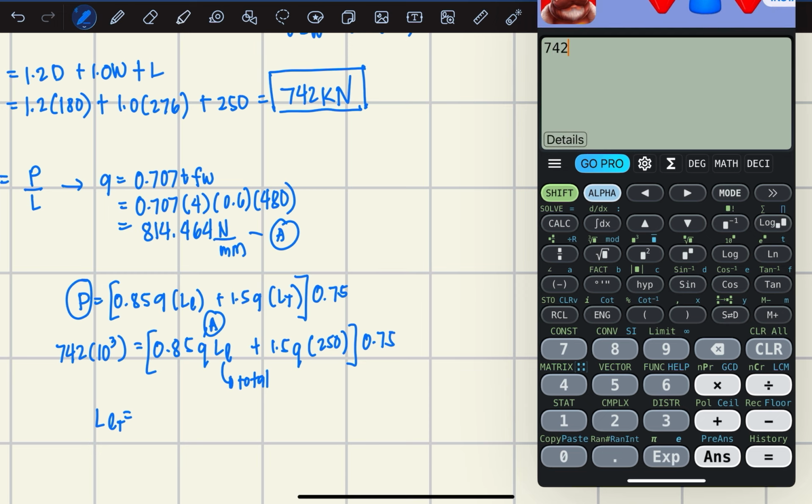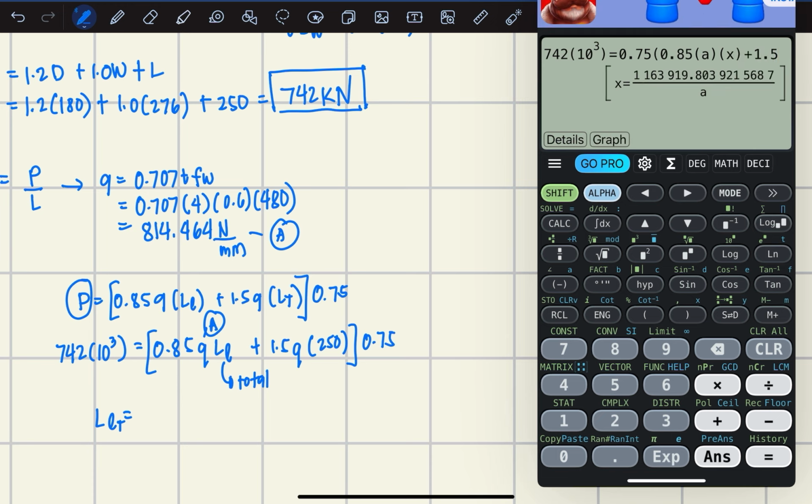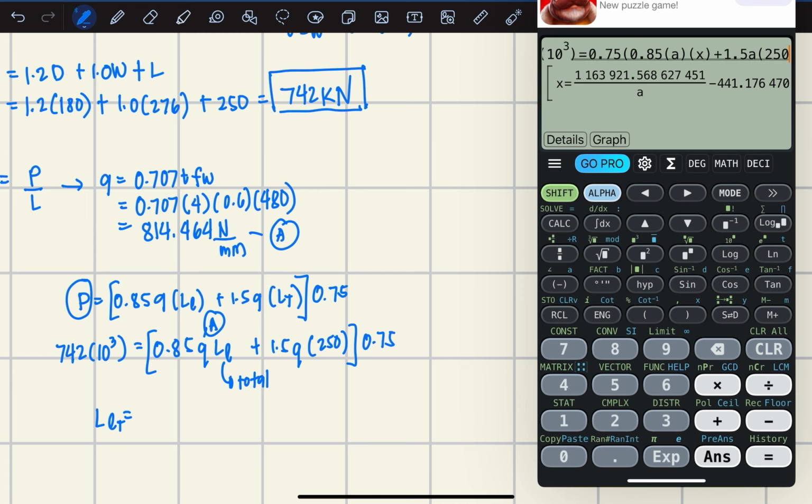So, 742 times 10 to the 3 equals 0.75, and 0.75 is the reduction factor based on LRFD, times 0.85 times Q, which we stored in A, times the unknown total longitudinal weld plus 1.5 Q times 250.